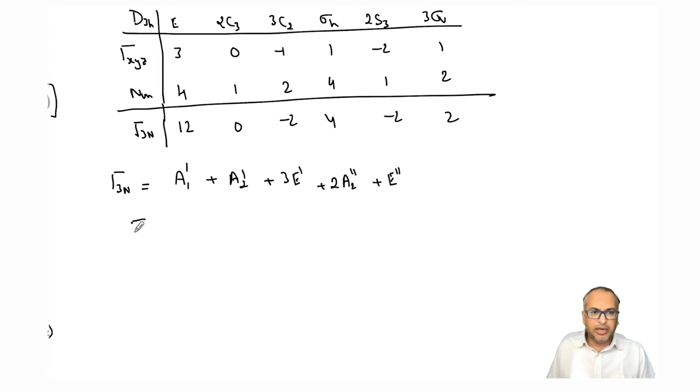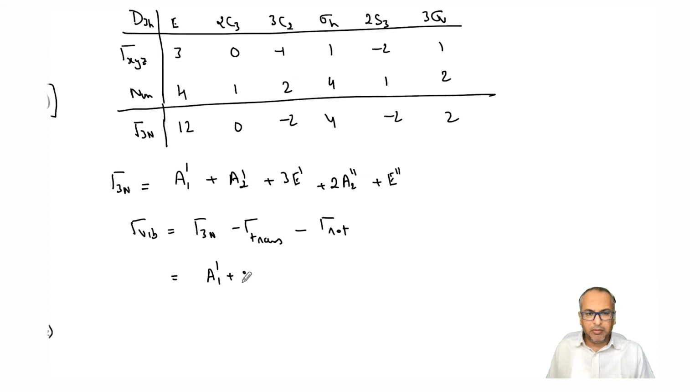Now from here I can calculate tau vibrational, which will be tau 3n minus tau translational, which will be all xyz, and tau rotational, all Rx, Ry, Rz IRs, right? So this leaves A1 prime plus 2E prime plus A2 double prime. So this is the procedure to obtain the symmetry of all the normal modes of vibration.